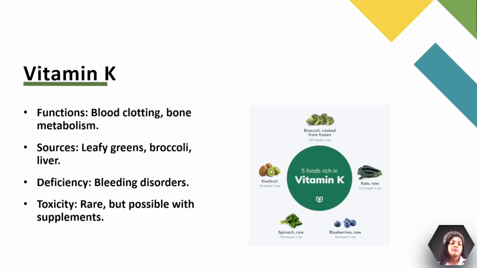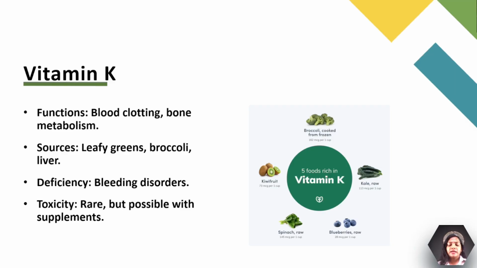Now the next vitamin is vitamin K. Vitamin K plays a major role in blood clotting. For instance, if an individual is injured, it will help in the blood clotting during this process, plus it also helps in bone metabolism.